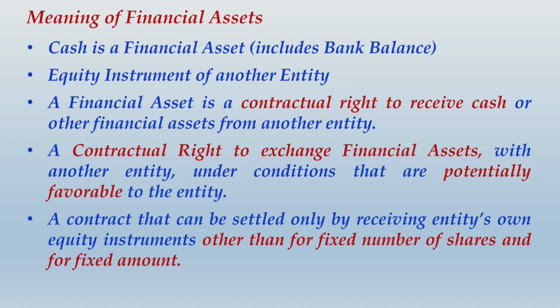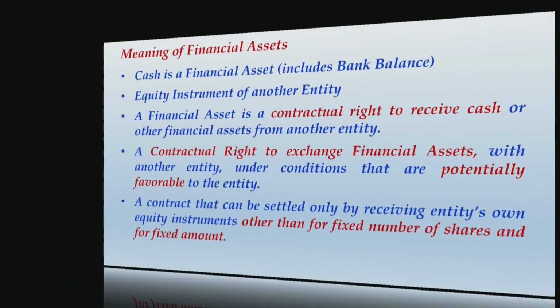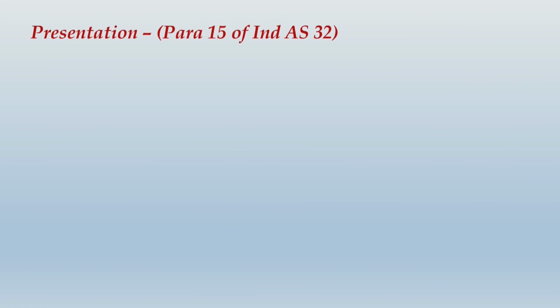Alright friends, once you have completed writing the meaning of financial assets, let us move ahead and write some notes about the presentation given in paragraph 15 of Ind AS 32.